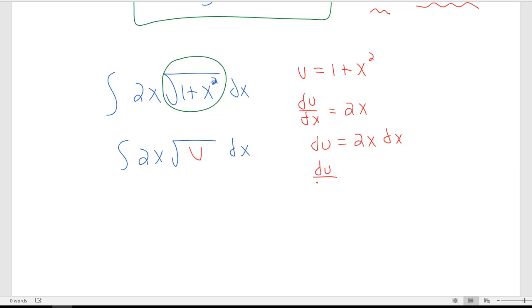So let's say I have du over 2x equals the dx term. And I'm going to just substitute. The dx that I have in my integral, I'm going to replace it with du over 2x. So this is du over 2x. And then I have this 2x still here. I have the square root of u, right?